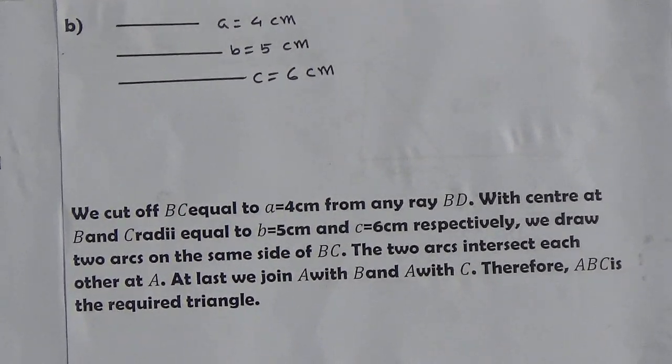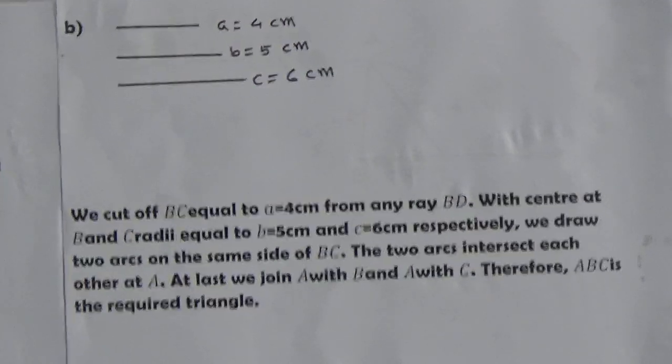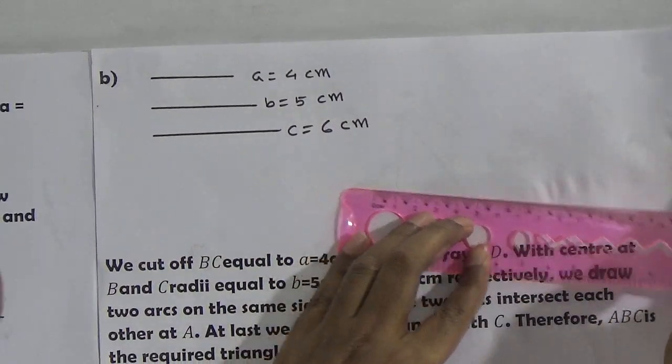Okay. Now we construct the triangle. You take at first any ray BD.